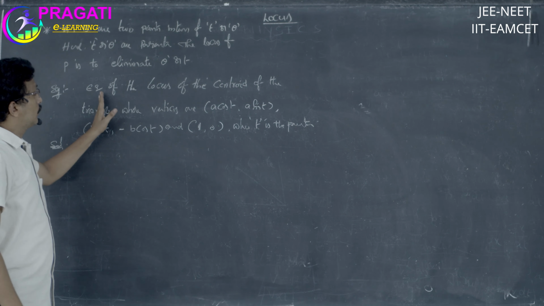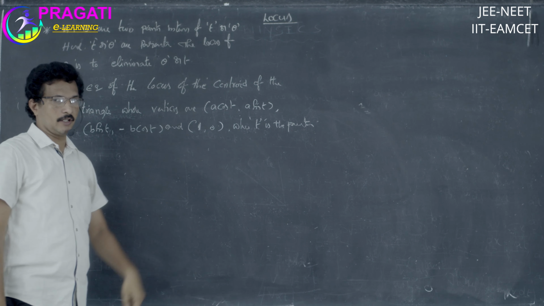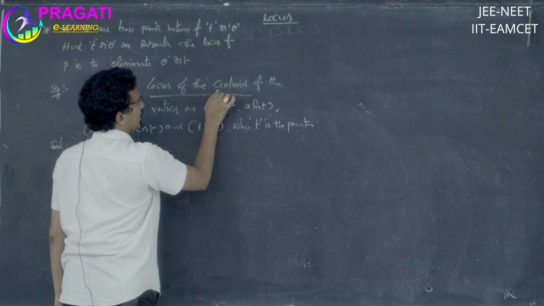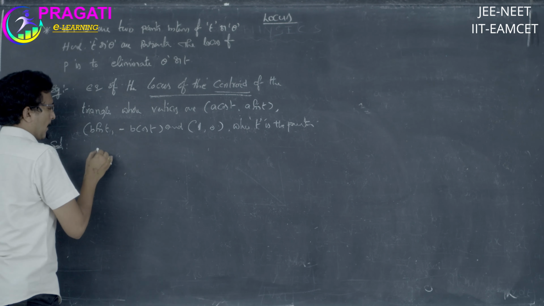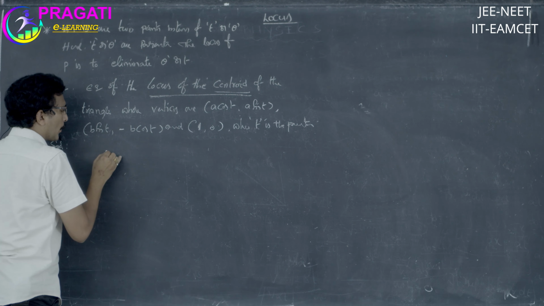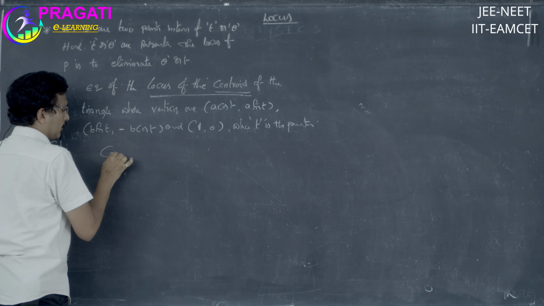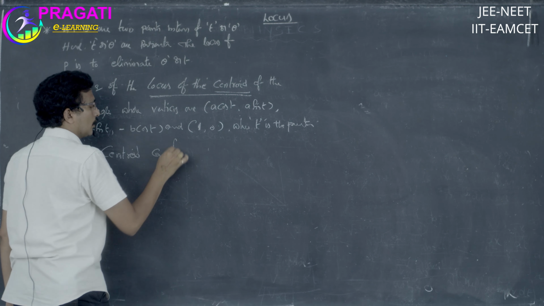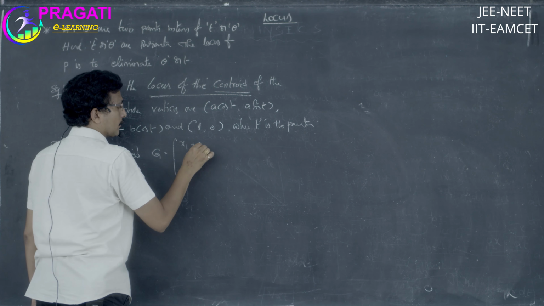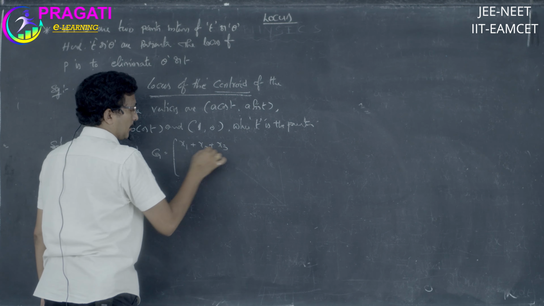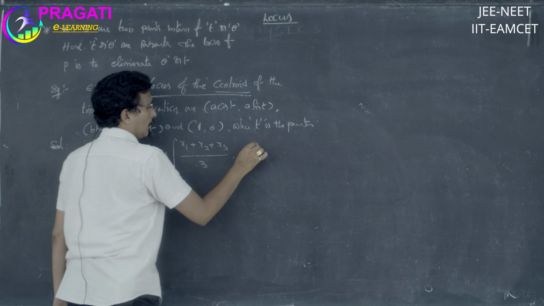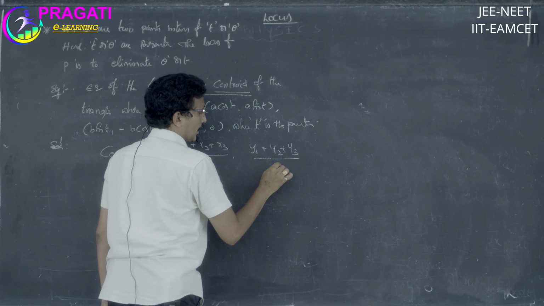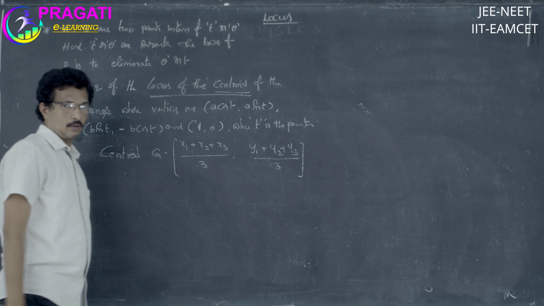okay, the equation of the locus of the centroid. Here, what is the locus? Locus of the centroid. Centroid G is equal to, here what is the formula? x1 plus x2 plus x3 by 3, comma y1 plus y2 plus y3 by 3. It is the formula of the centroid.